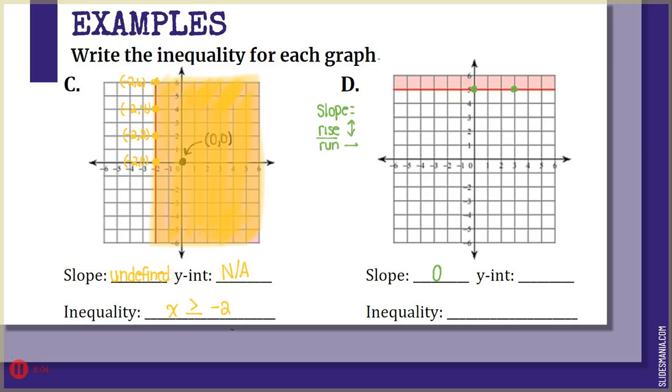And you do not. Your rise is 0, but you do run in between these 2 points 1, 2, 3 units to the right, and 0 divided by 3 is 0. So your slope is 0. You do have a y-intercept. It crosses your y-axis at 5, so that's 0, 5.